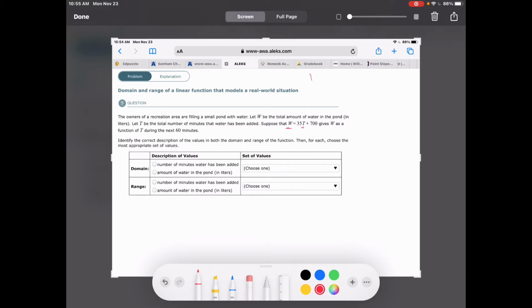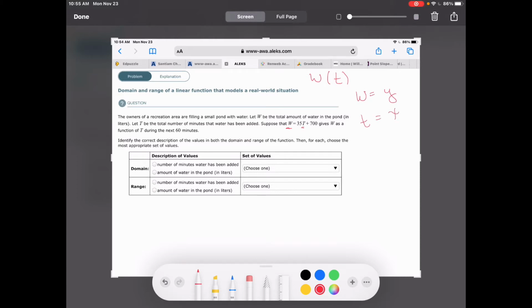Whenever we say W as a function of T, then basically we're saying the W of T, or this is sort of like the function of X, where W is going to be our Y and T is going to be our X, so to speak.